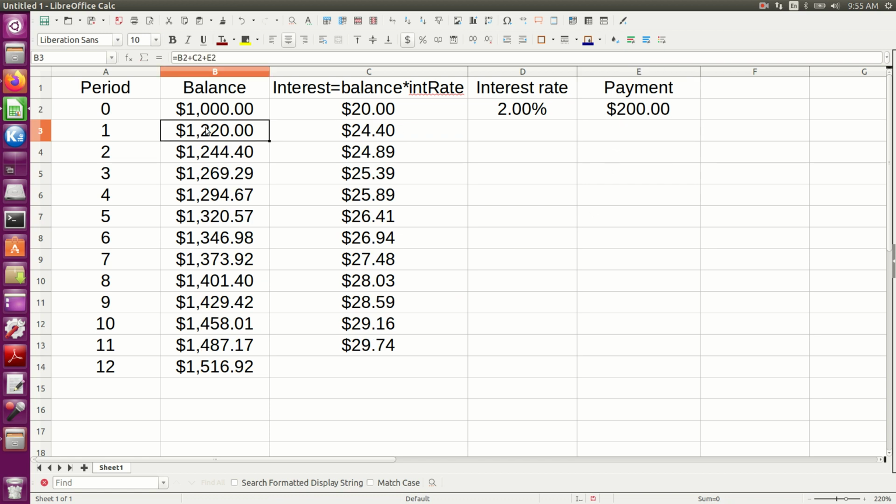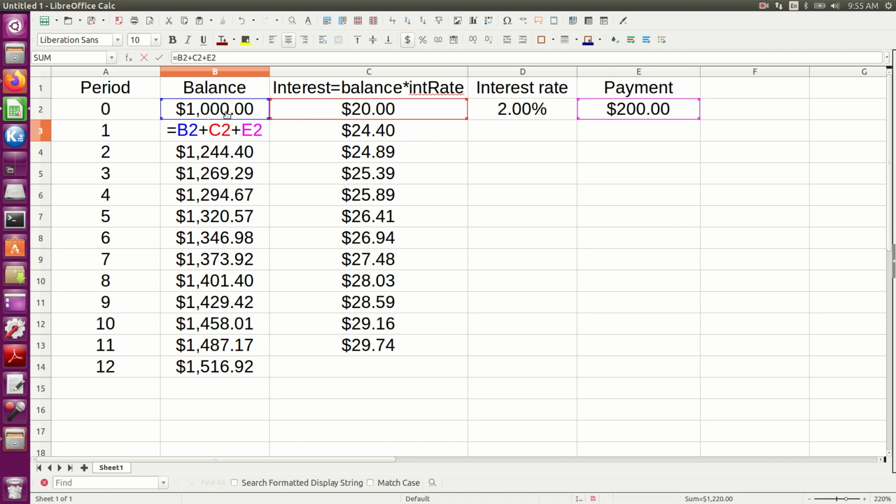So there's $200, I make that payment. But here I have to reflect how the payment works. So remember my balance that I owe the bank. So I took $1,000, I'm using it for a period, and so there's my $1,000. There's the interest the bank wants for me having their money, just like if they have my money, I want interest.